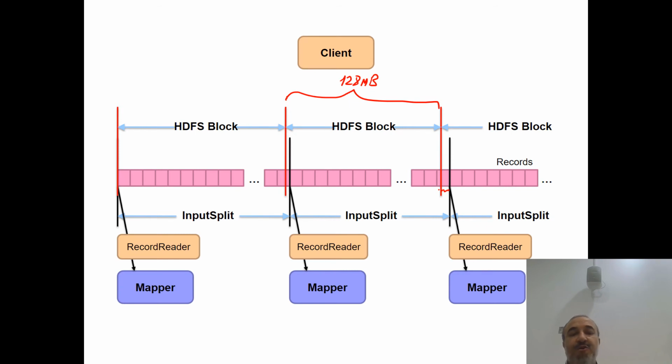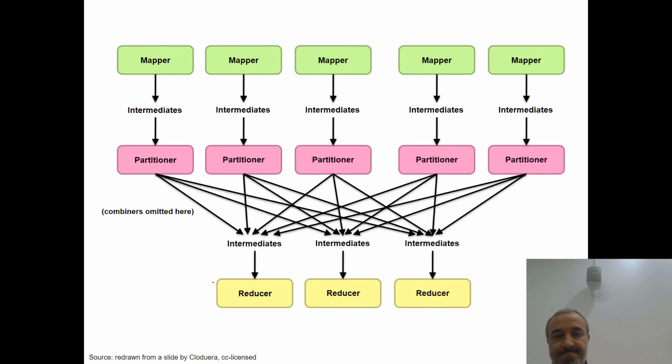Now, where is the record reader? The record reader reads from that split. It will read one record at a time and give it to the mapper. Now the mapper will produce output records.